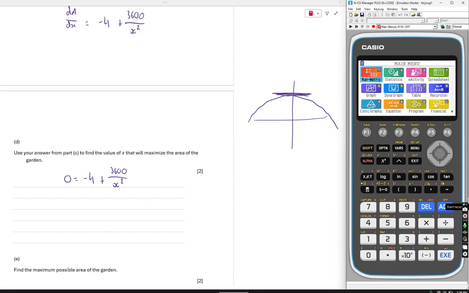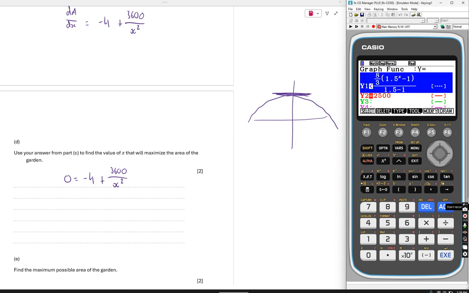Another way we could do this, by the way, is if we go graph mode. Let's graph this. Let's delete these two things. Let's do negative 4 plus 3600 over x squared. Let's draw this.